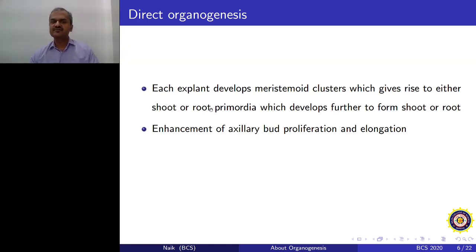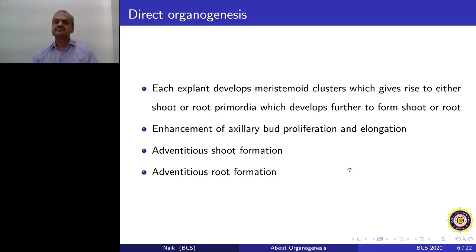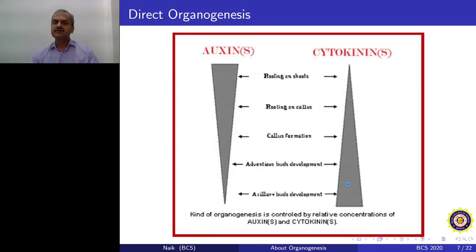So obviously there is enhancement of axillary bud proliferation or elongation. In case of shoot formation, this axillary bud proliferation will also have chances of adventitious shoot formation, and there are chances of adventitious root formation as well, and this all depends upon the auxin concentration and cytokinin concentration.